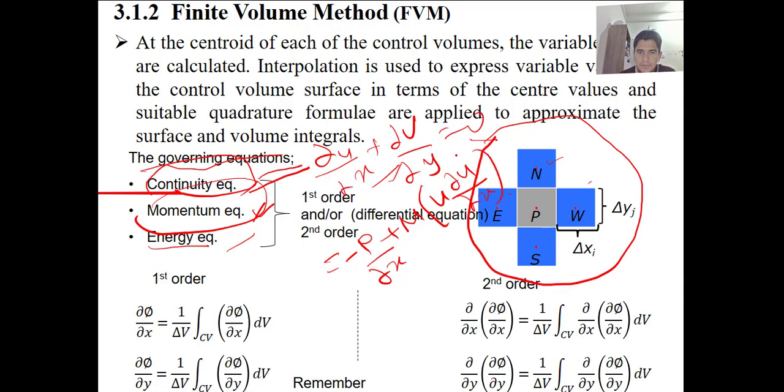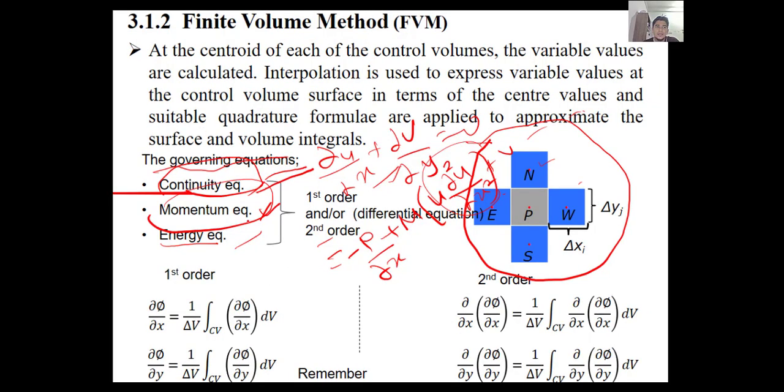This one is the second order, plus v and so on. So this is the second order, so second order for the momentum equation. So in the finite volume method, the expressions for first order and second order are already proven with these equations.